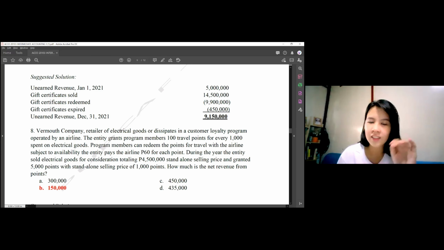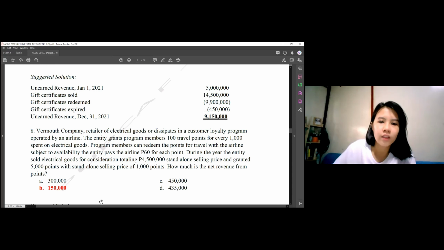So, wag agad i-circle ang letter C kasi meron pang cost, di ba? Ang sabi dito, binabayad daw ni Vermouth Company ay 60 pesos for each point. So, okay. 60 times yung nag-grant nila na 5,000 points as mentioned dito.